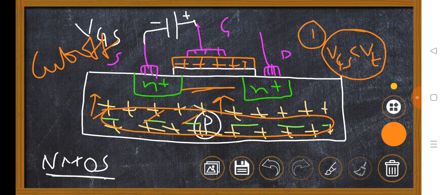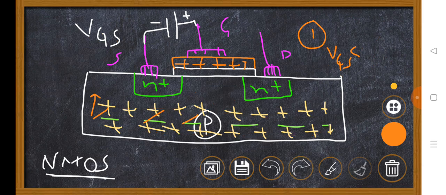Next we will see the second condition, whenever the gate source voltage is greater than the threshold voltage. Now you can observe very carefully. Whenever the gate source voltage is greater than threshold voltage, these electrons will come upward and create a channel here, in this fashion.